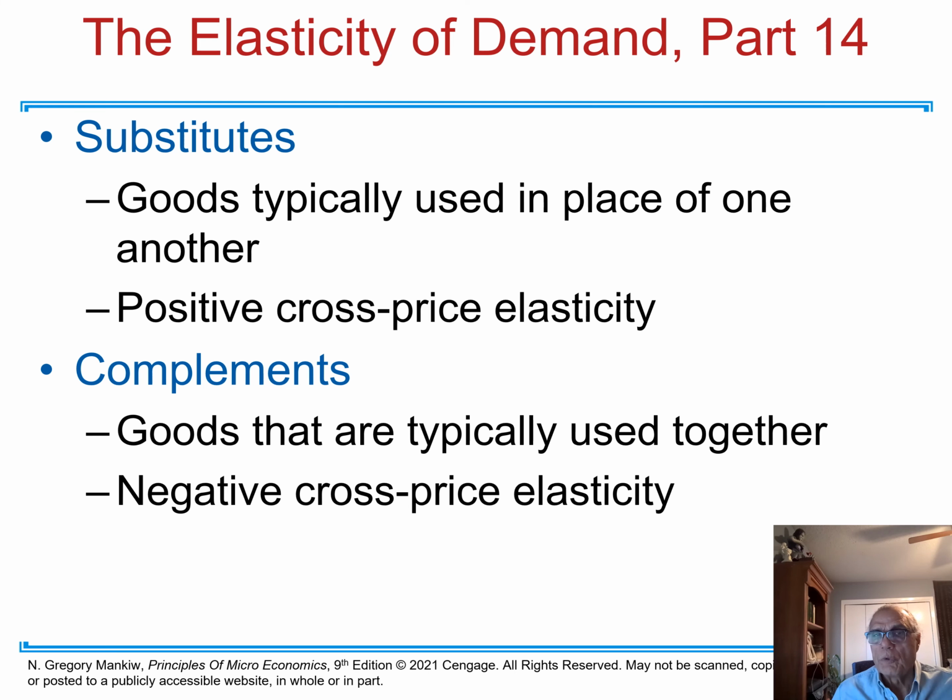Now, for substitute goods, we have positive cross price elasticity, which means if the price of Coke goes up, the demand for Pepsi goes up. Okay, they can substitute. For complements, it's the other way around. Goods that are typically used together have negative cross price elasticity.